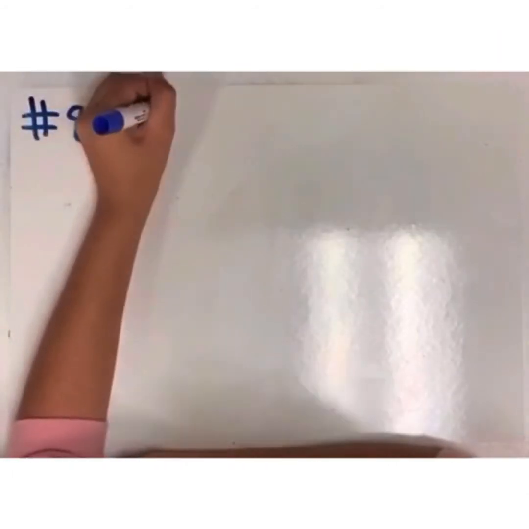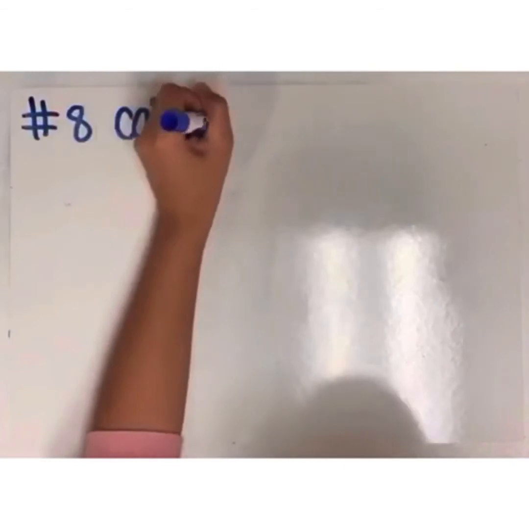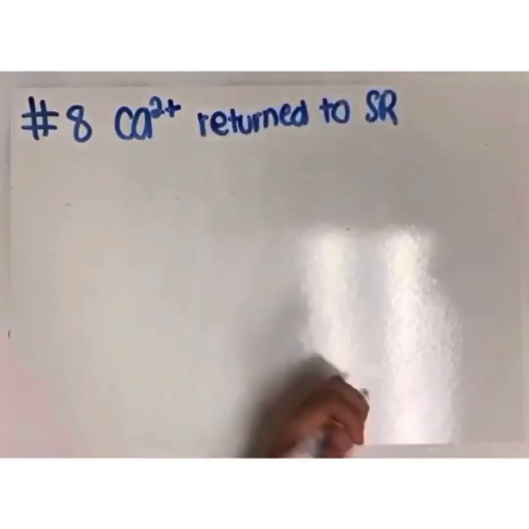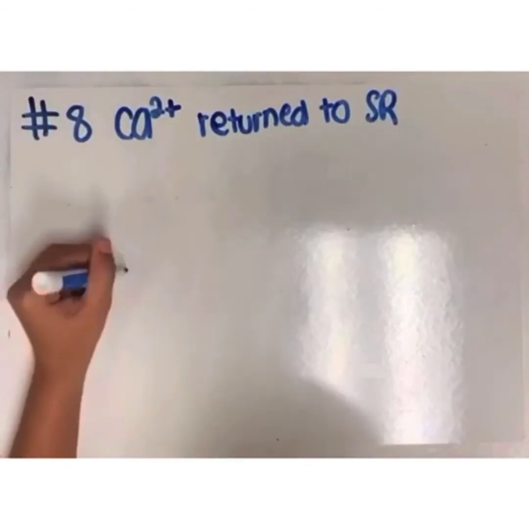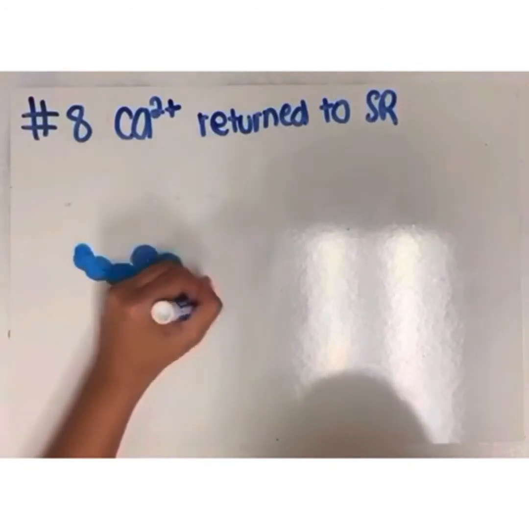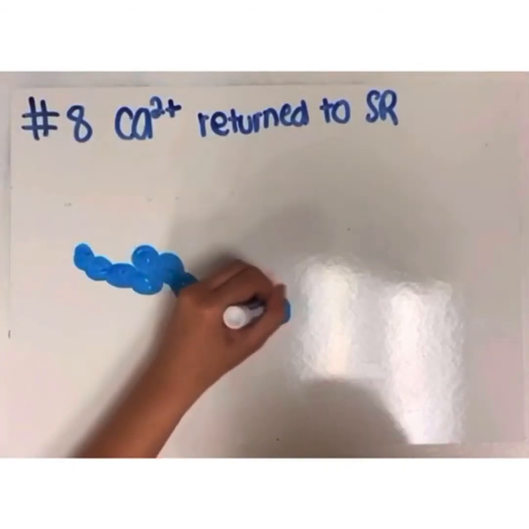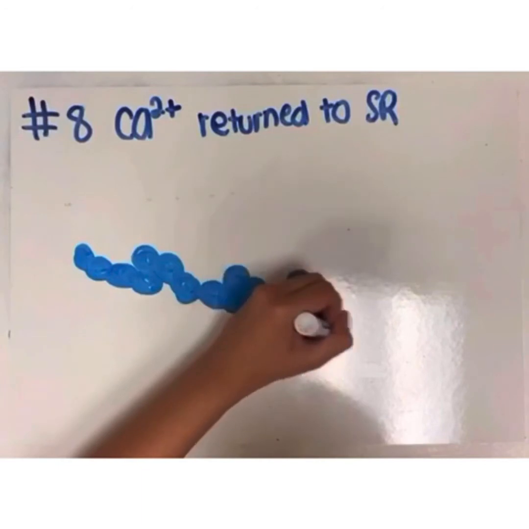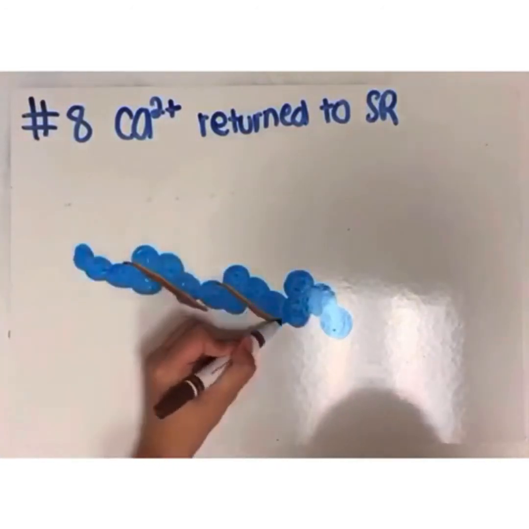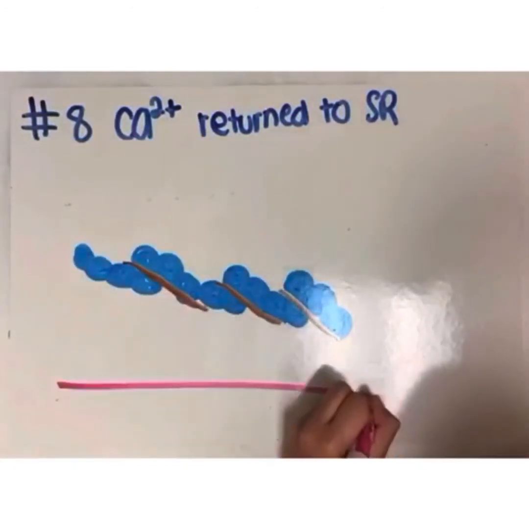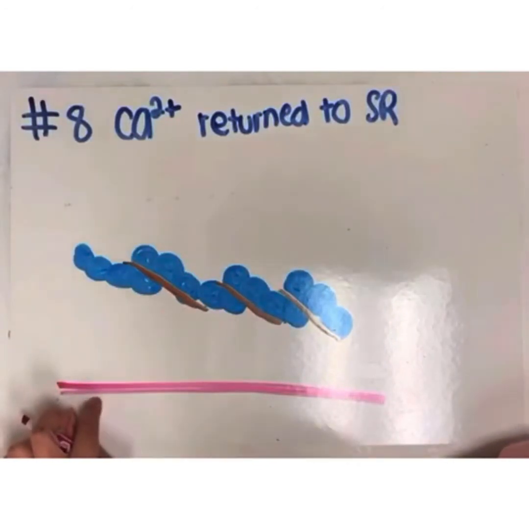And last but not least, step number 8. Calcium returns to the sarcoplasmic reticulum to place the barrier back on the myosin binding sites. It means that actin is blocked.